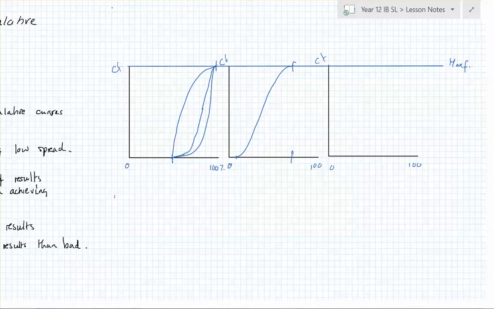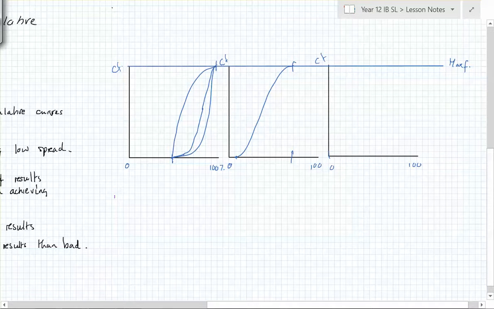And then finally was a large range of results, and there were more good results than the last one. Okay, so large range suggests that we're going to go from 0 all the way up to 100, maybe, or just under 100. So we're going to use the whole graph rather than part of it.